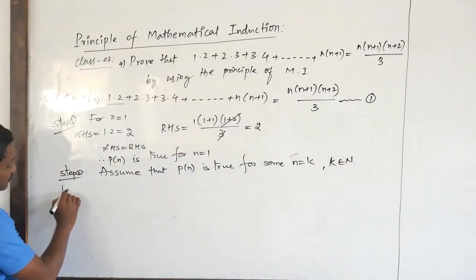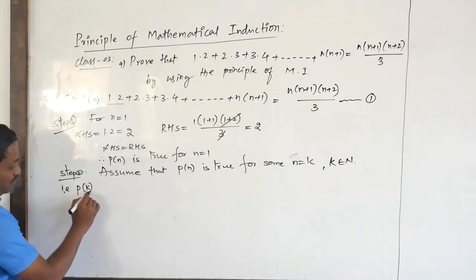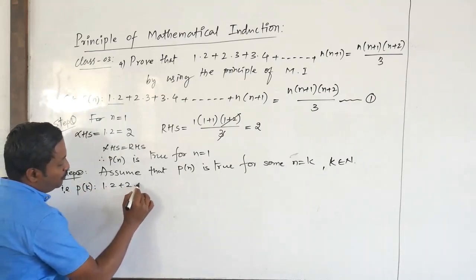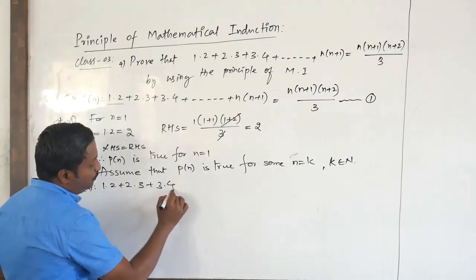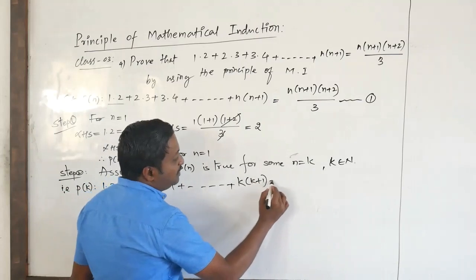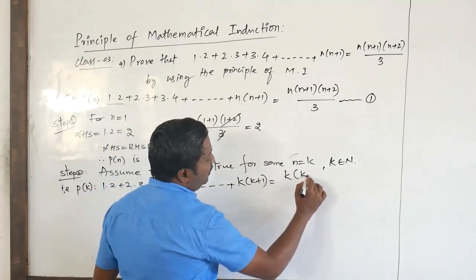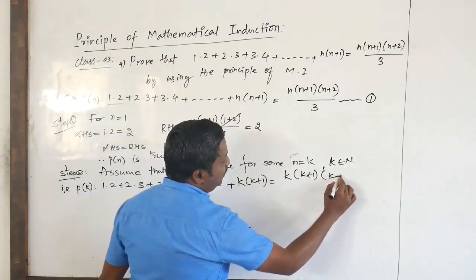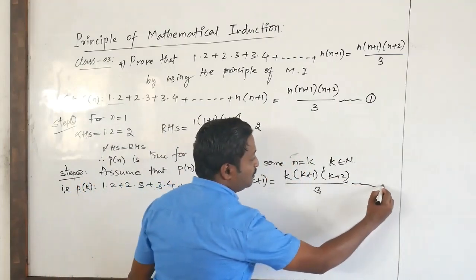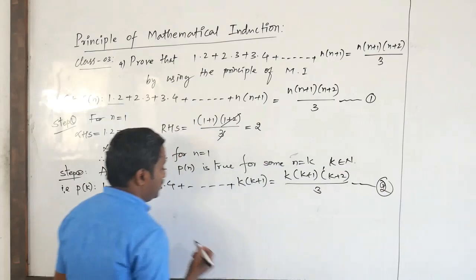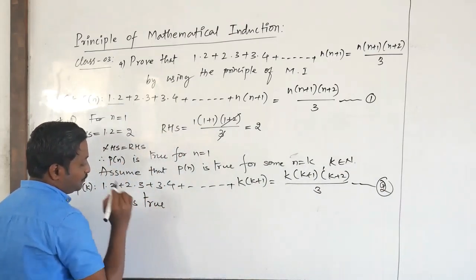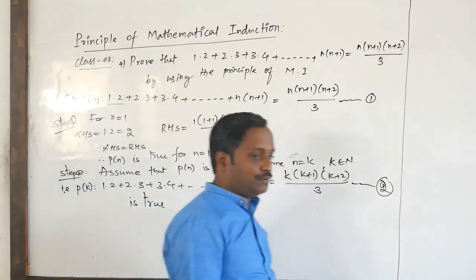That is P of k: 1 into 2 plus 2 into 3 plus 3 into 4 plus and so on plus k into k plus 1 is equal to k into k plus 1 into k plus 2 by 3. Let us take this as 2. Assume that P of k is true.